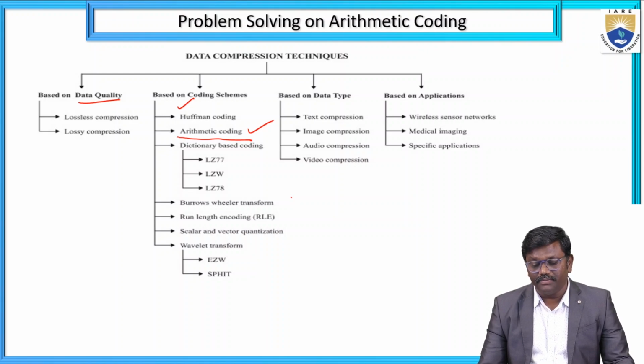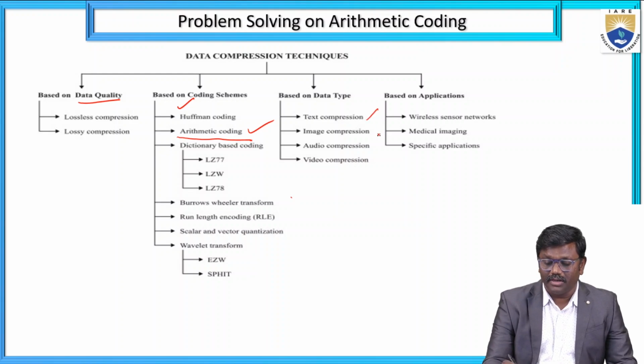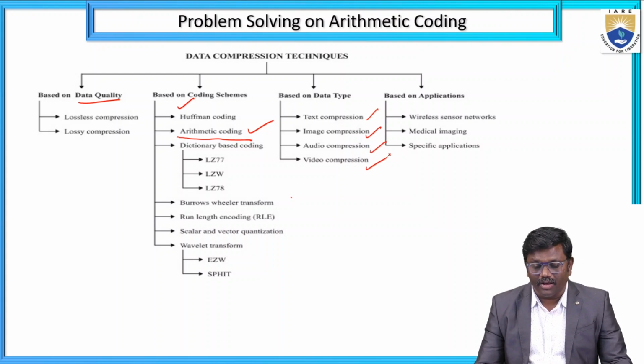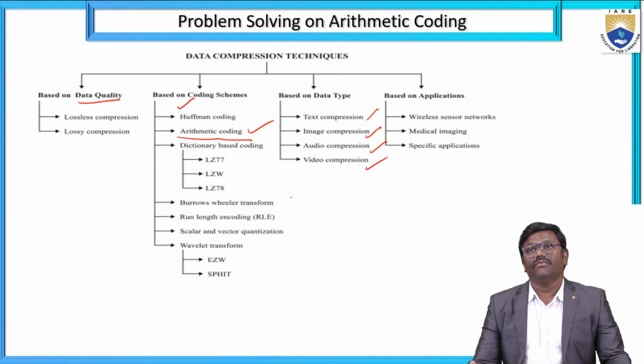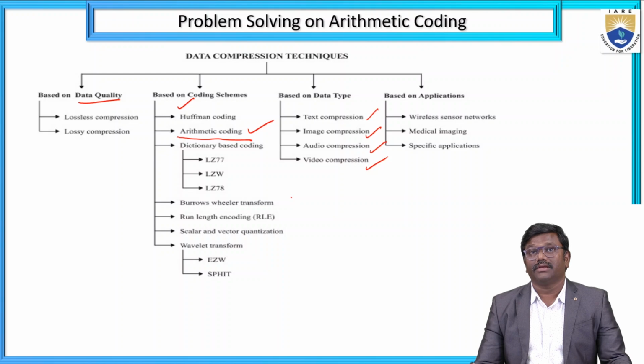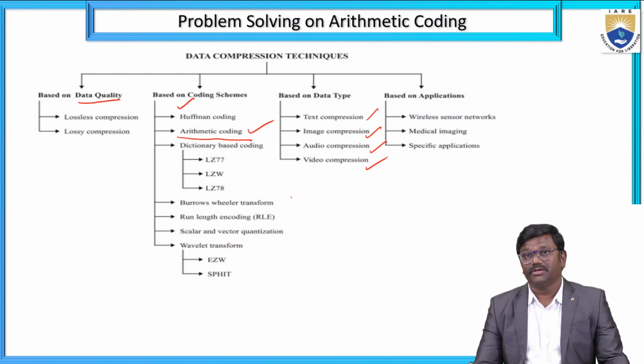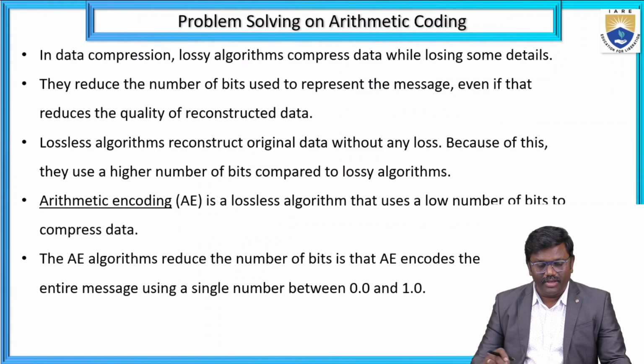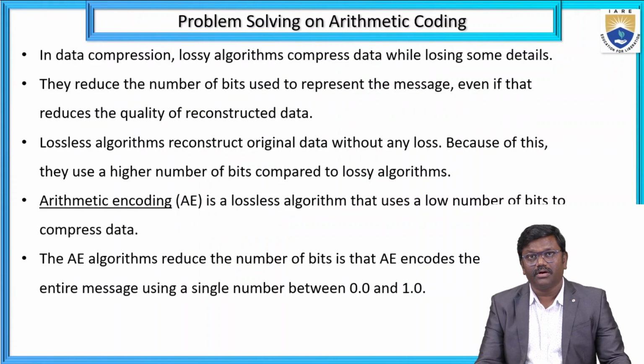Based on data type, there is text compression, image compression, audio compression, and video compression. Based on the application, such as wireless sensor networks and medical imaging, we concentrate on specific data compression techniques.